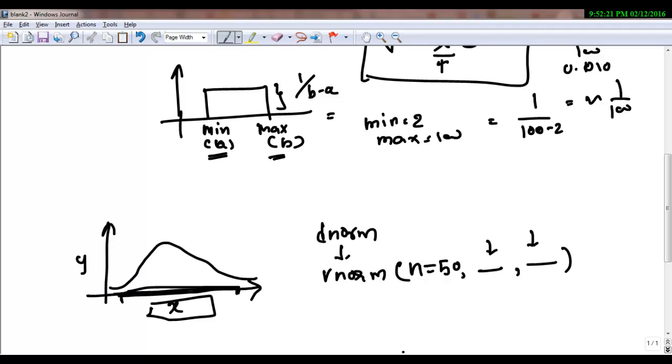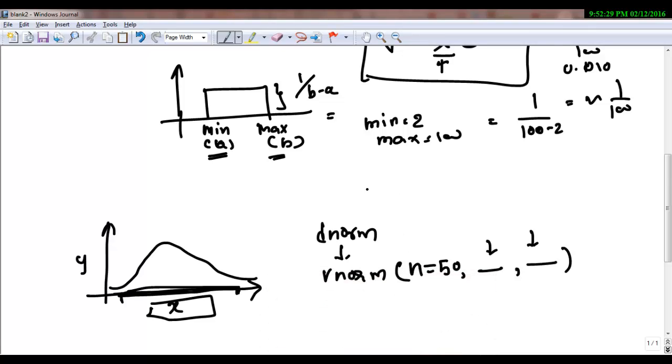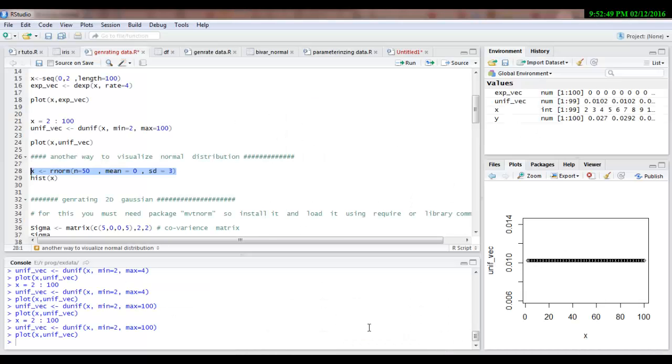Okay, and you can do that for each and every distribution that we have seen. For uniform, we have seen dunif. For exponential, we have seen dexp. So for each model or curve name, if you replace d with r and then use that curve's name, you can generate data the same way as we are generating the normal distribution.